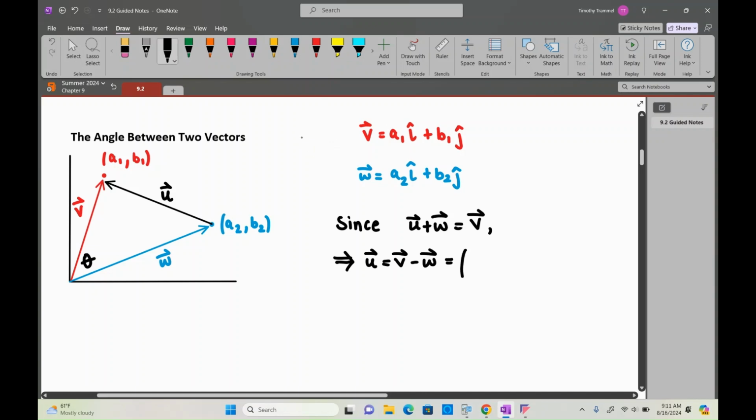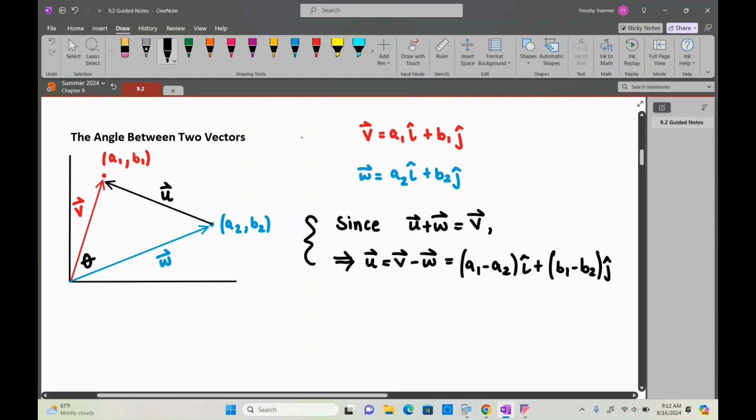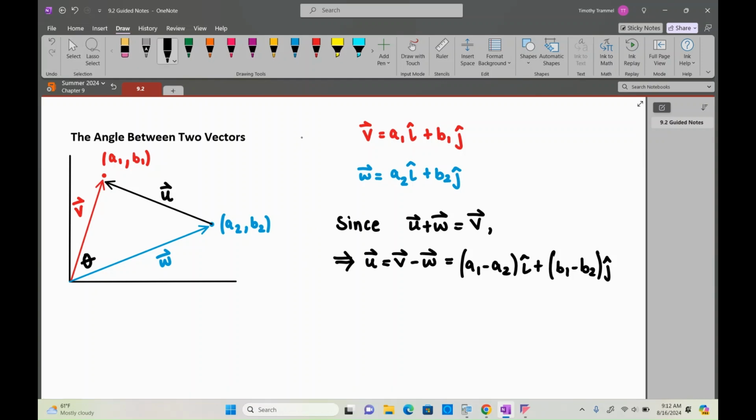I could write it as a1 minus a2 i, and then plus b1 minus b2 j. Now, this part that I've written right here is going to become helpful to us later on. So we'll just keep this in mind right here.